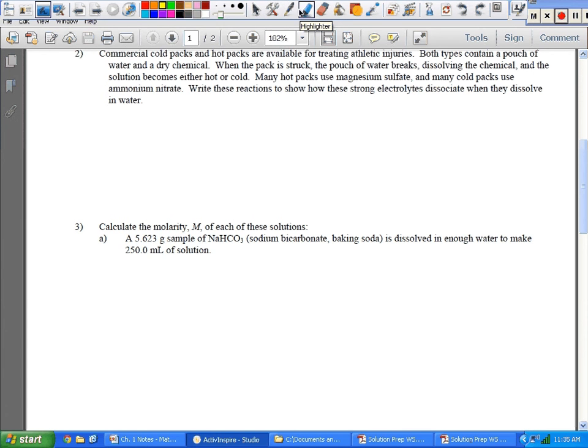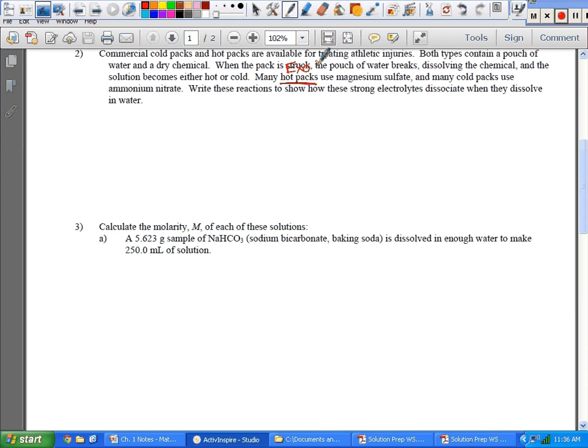Hot packs. What does a hot pack mean? It gets hot. Which, Nick, it is what? It's exothermic. What do we know about exothermic reactions? They release energy. What is happening on the molecular level with the bonds?